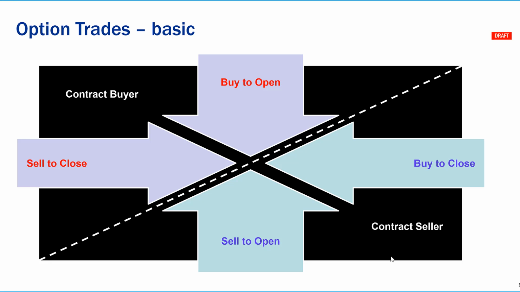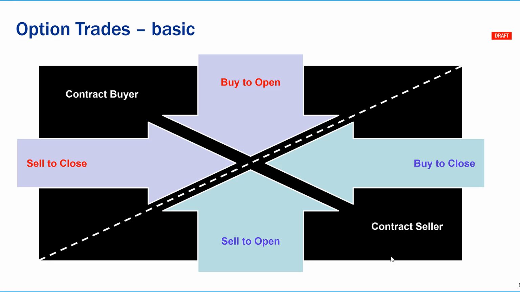From a seller's perspective, you sell to open when you open up a contract, but let's say you don't want to hold that and risk the scenario where you were obliged to not necessarily exercise but to honor that contract. Under a call option, the option clearing corporation will force you to honor that contract and provide the stocks.